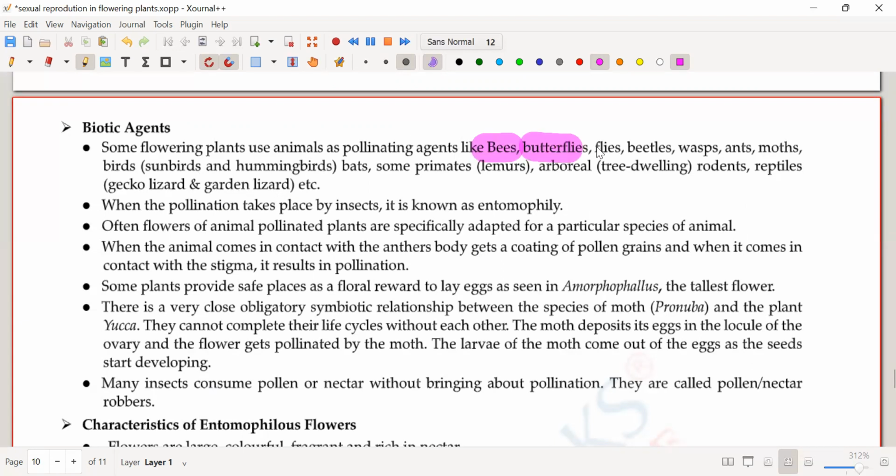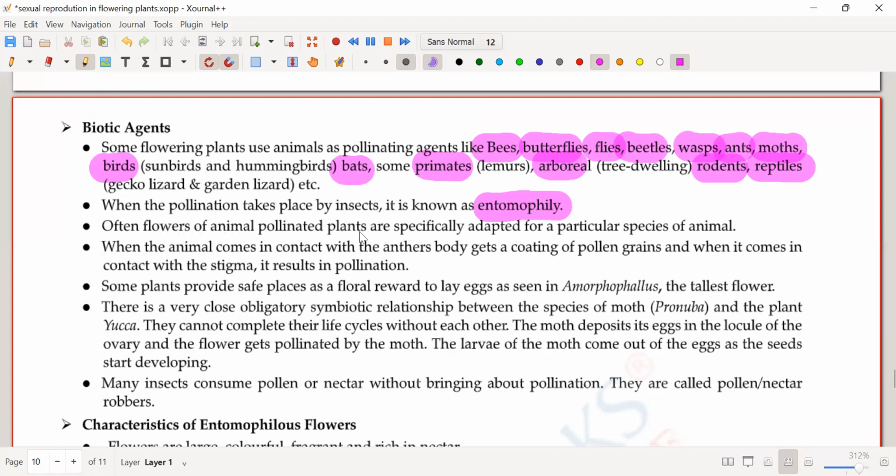When the pollination takes place by insect, it is known as entomophily.